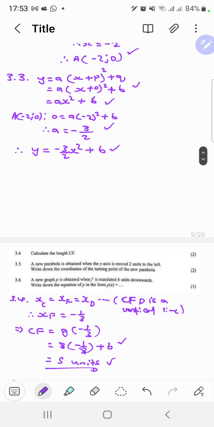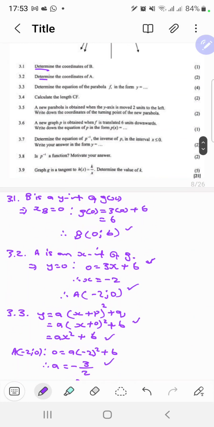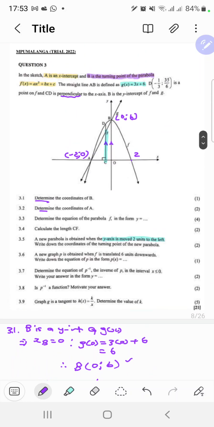3.5. Let's keep moving, guys. Looks like we're losing time. Then it says here, a new parabola is obtained when the y-axis is moved 2 units to the left. Okay, so what happens when we move the y-axis 2 units to the left? It means our graph is going to be sitting, the turning point will just shift.